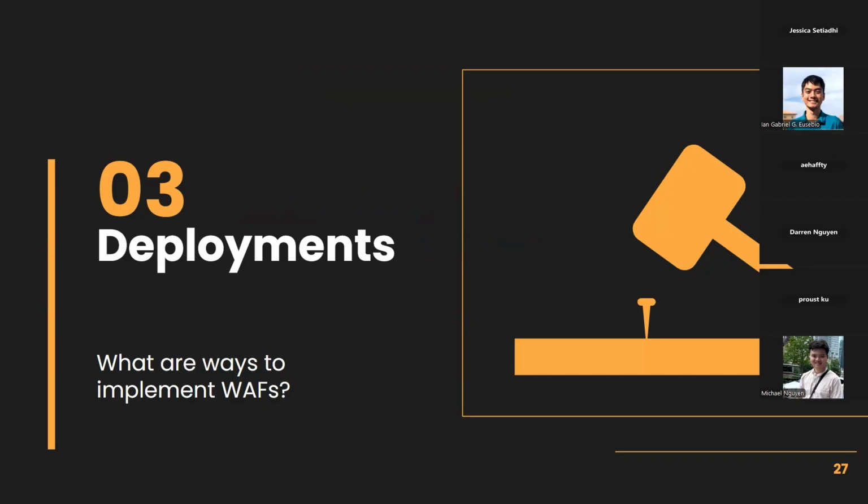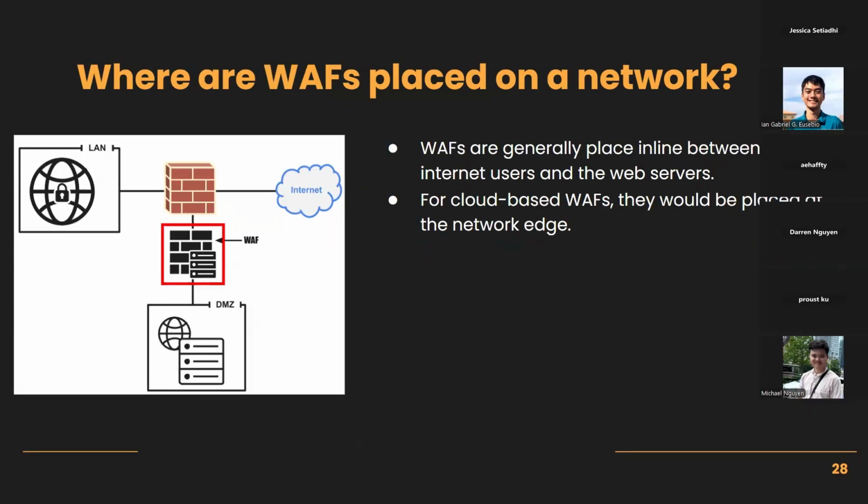So first of all, where are WAFs typically placed on a network? They're going to be in between the network firewall and the demilitarized zone, which is where the web application firewall is located. And there are some exclusions to that.